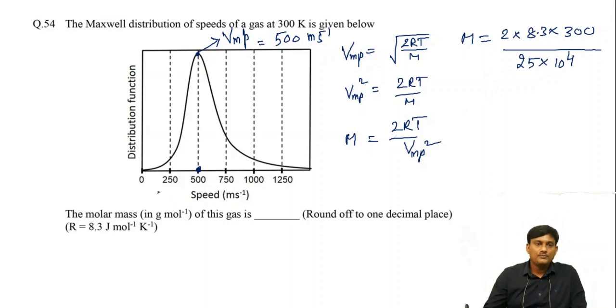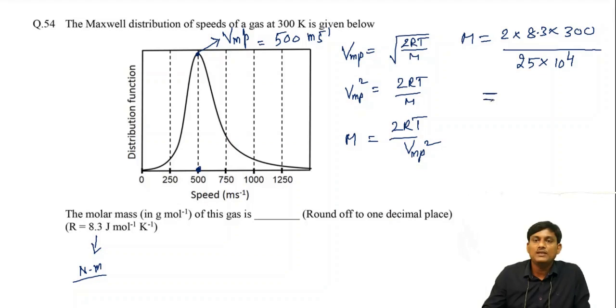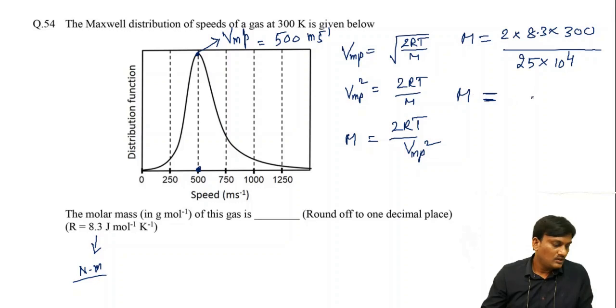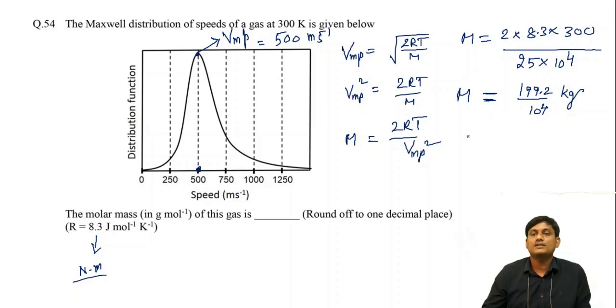So here R is in SI unit, joule per mole per Kelvin, that is Newton meter, joule is Newton meter, and velocity is in SI unit, so the mass will be in SI unit. So here the mass you will get is 199.2 times 10 to the power of minus 4 kilograms.